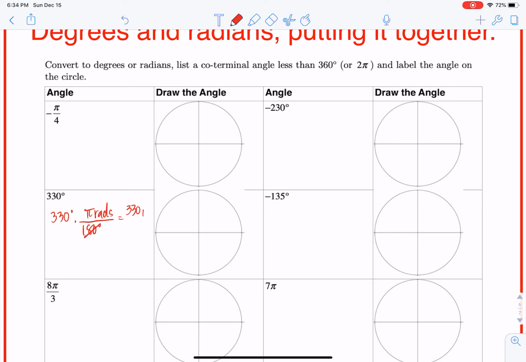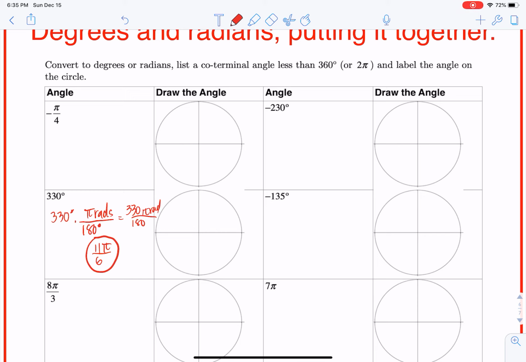I didn't mean to cross that whole piece out, just my little degree symbol, because we're only left with radians. So 330 pi radians over 180. And when I simplify that all the way down, I'm left with 11 pi over 6 radians.